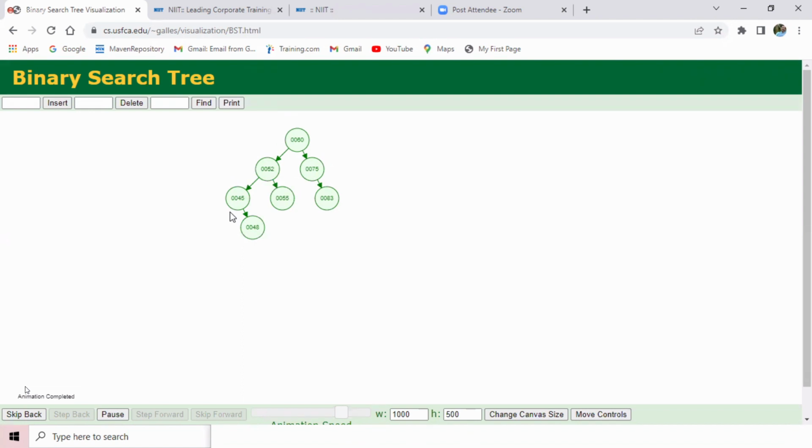Whenever we delete a leaf node of the binary tree, for example if I delete 48, the rest of the connections will be intact because there is no hamper in its positional level. So it will traverse and delete.